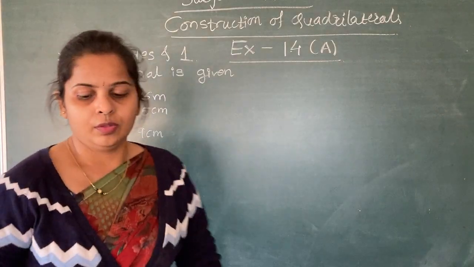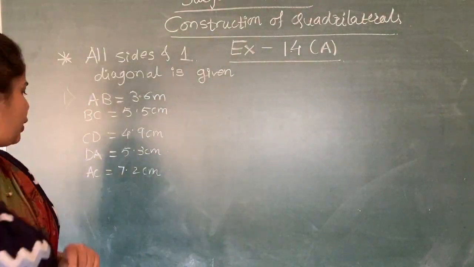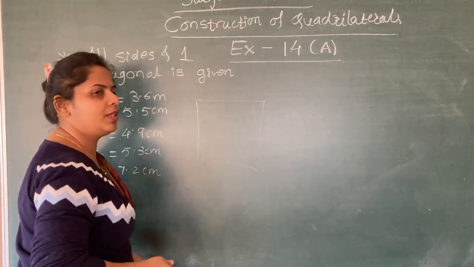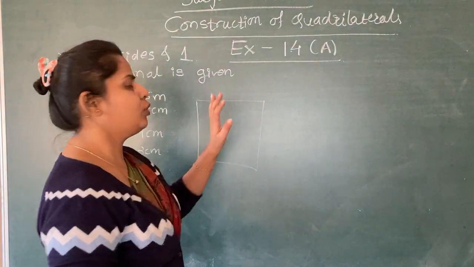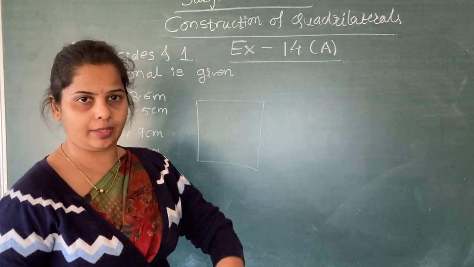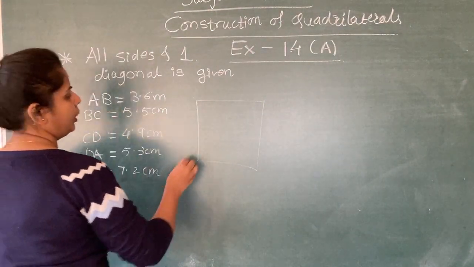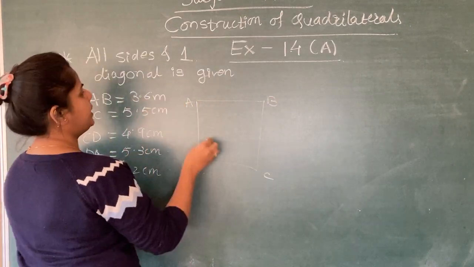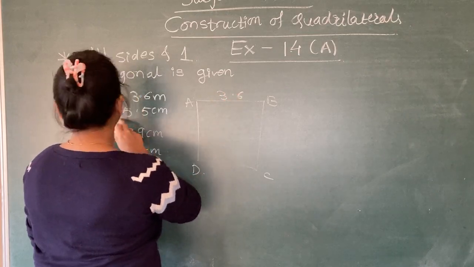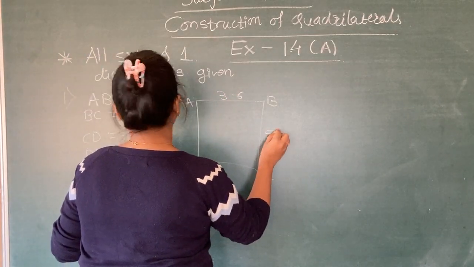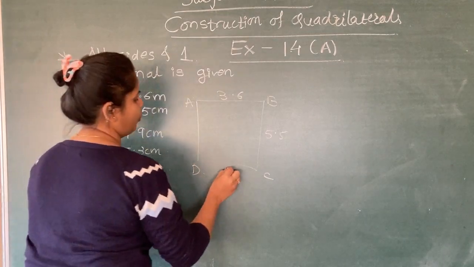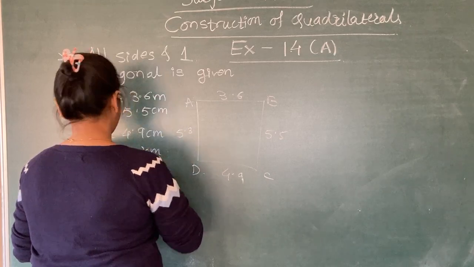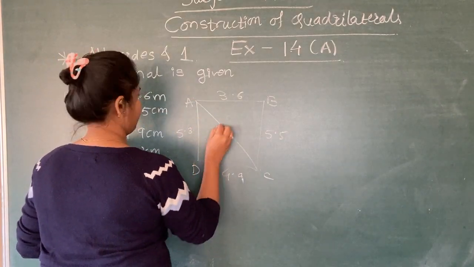Okay, so let's draw a rough sketch for this. For example, I'm just drawing a random quadrilateral, the shape doesn't matter. What you should understand is how your figure looks. Okay, if I say A, B, C, D, AB is equal to 3.6, BC is equal to 5.5, then CD is equal to 4.9, DA is equal to 5.3, AC is equal to 7.2.